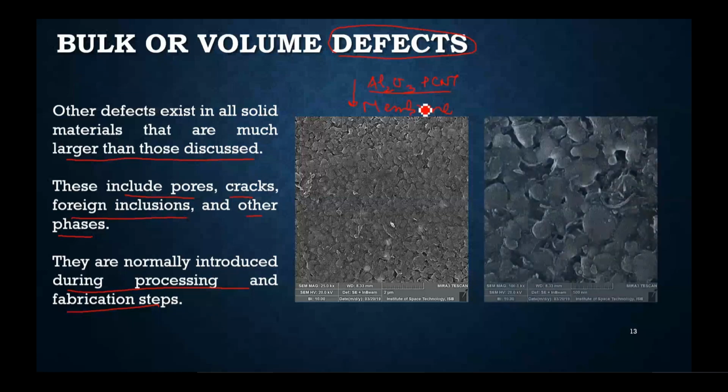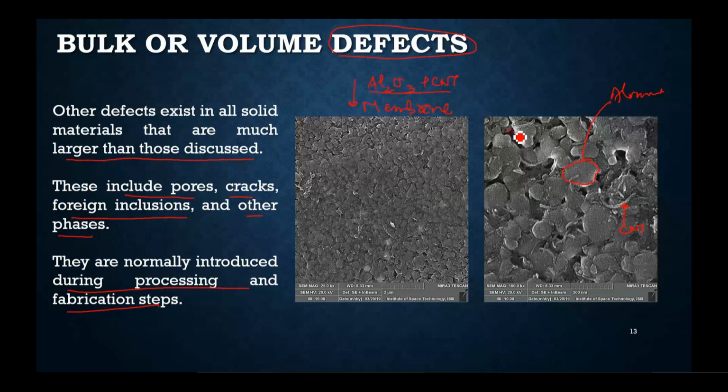If you look at a higher magnification, you would see these as the CNT particles. These are alumina particles, and these black regions are essentially pores. So this is essentially a membrane for water purification.